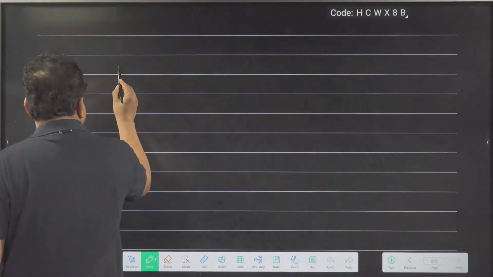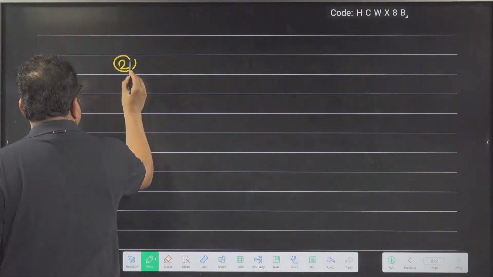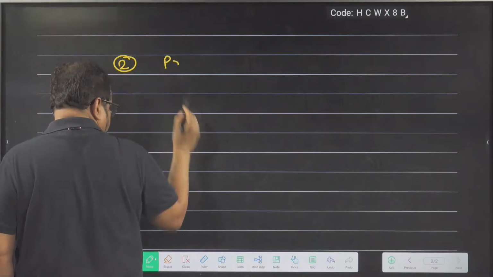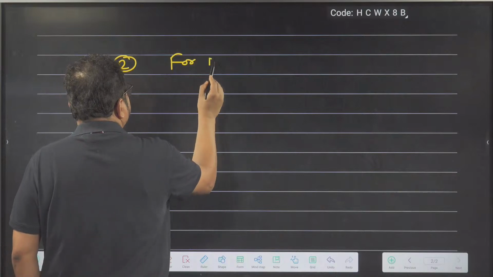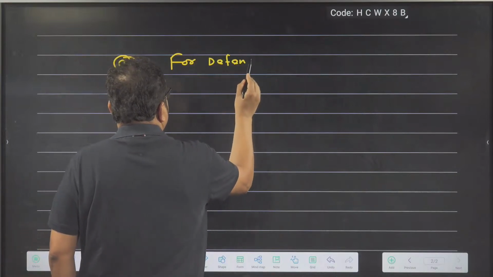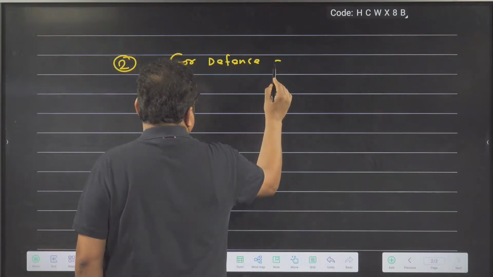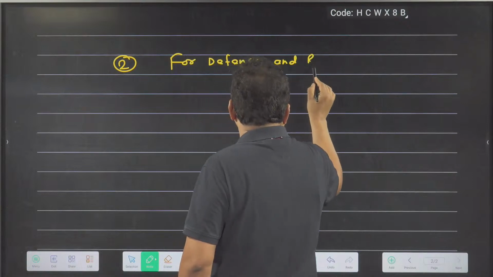Now the second type of modification we find is for defense and reducing water loss.